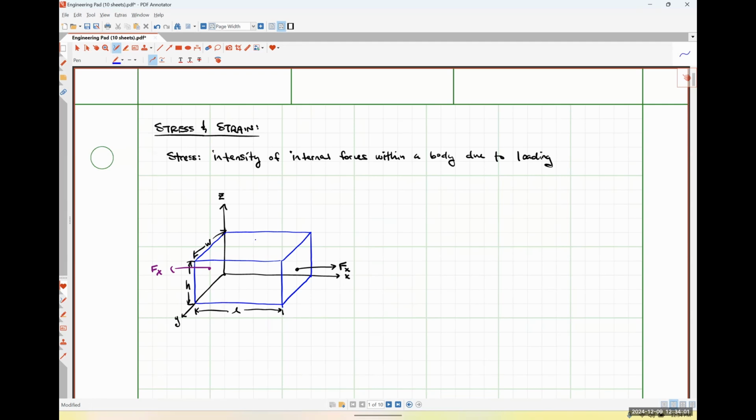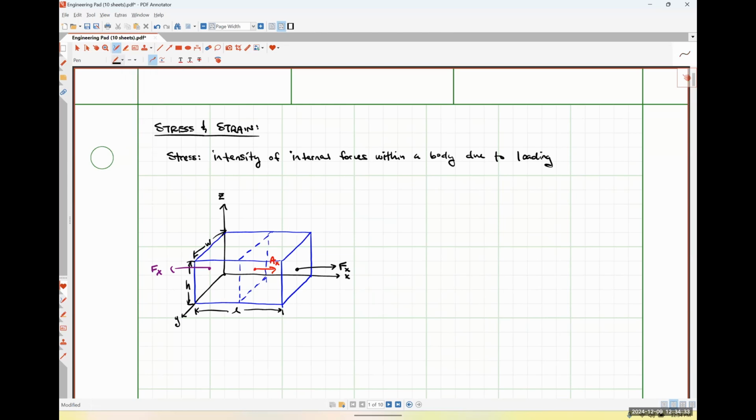I'm going to define the cross-sectional area of this guy like so. And the vector representation of this cross-sectional area would be in the x direction as well.